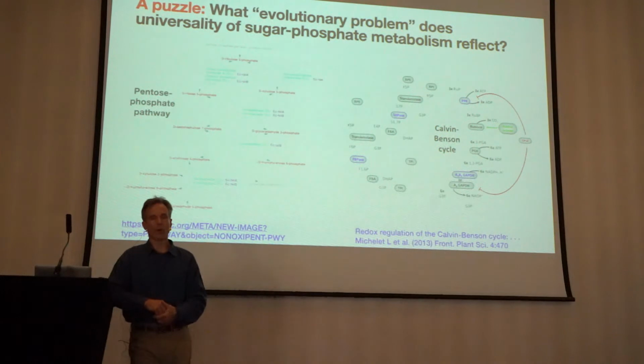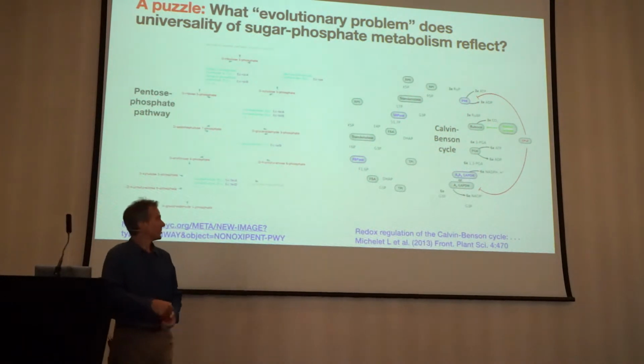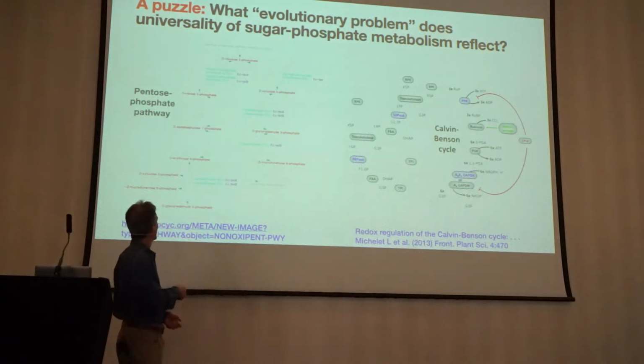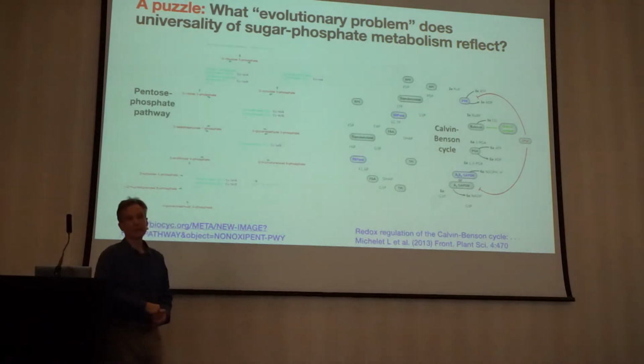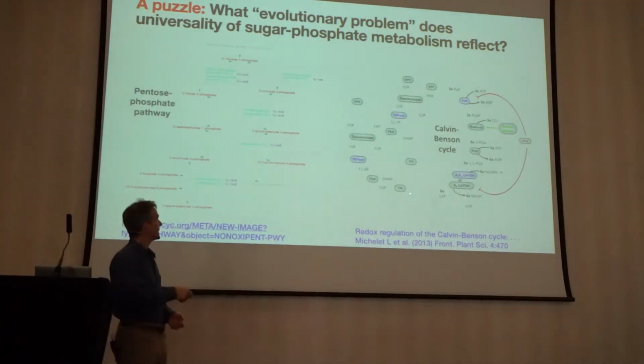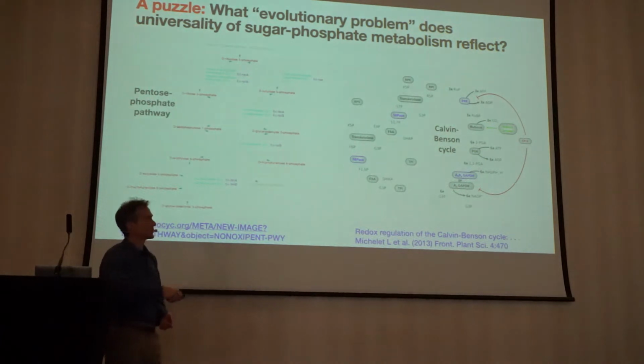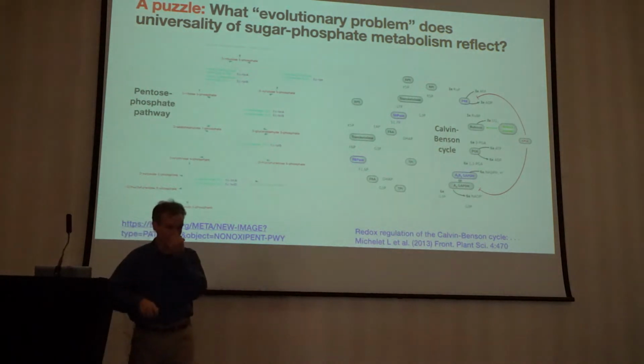It is almost invariant and is one of the oldest pathways in all of biochemistry, instantiated in a way that you can't see here in the blur, in a catabolic direction, the pentose phosphate pathway, and nearly identical as part of a carbon fixation cycle, the Calvin cycle.